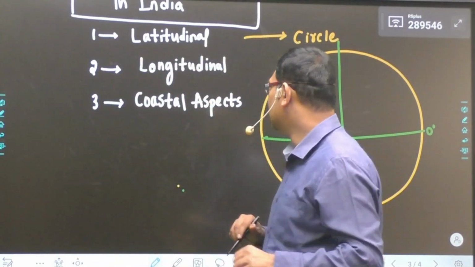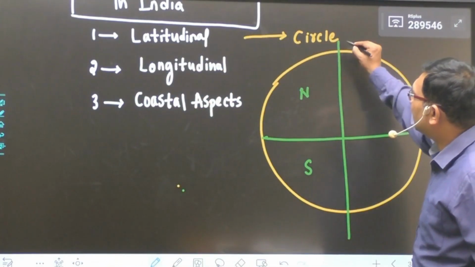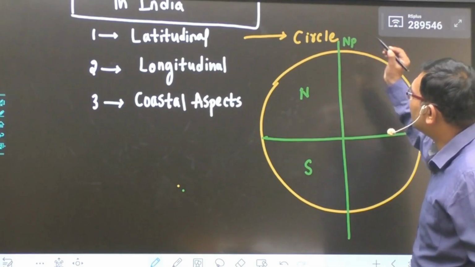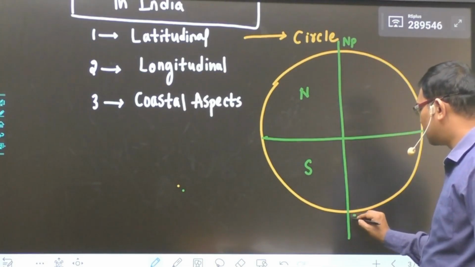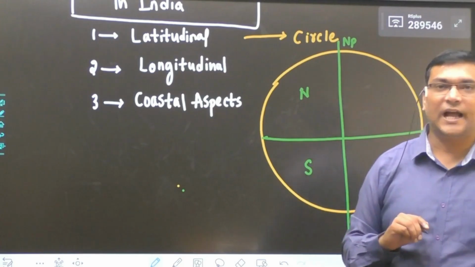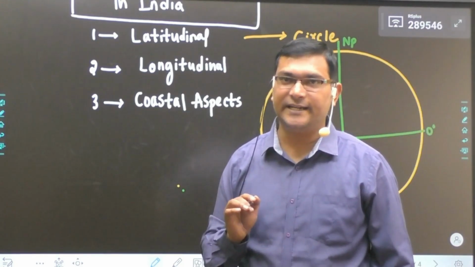Number two, the vertical line connects the north pole and the south pole.